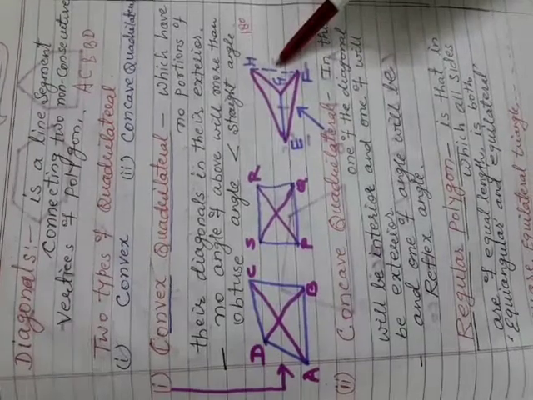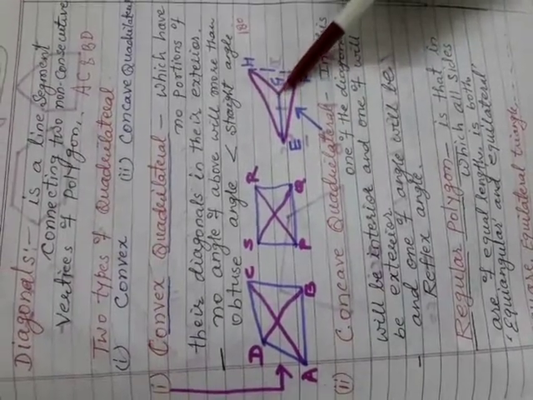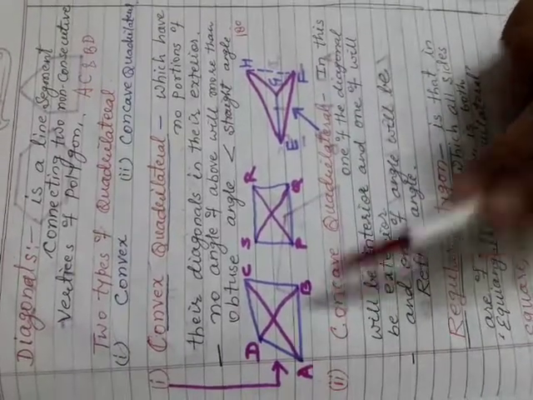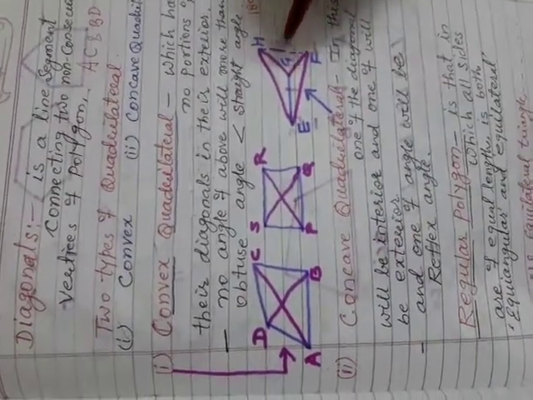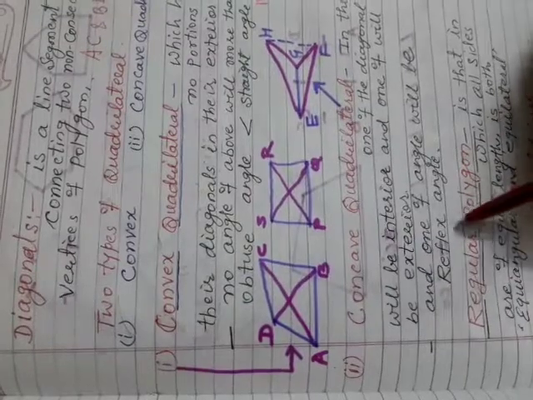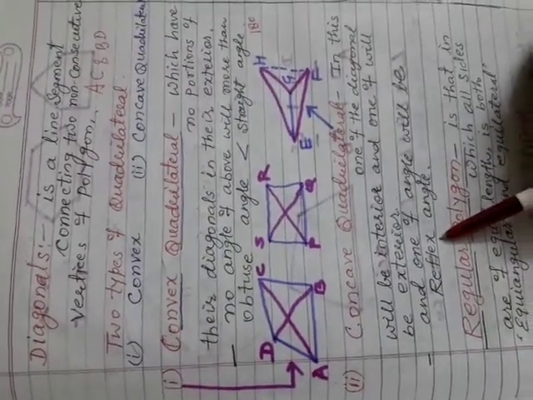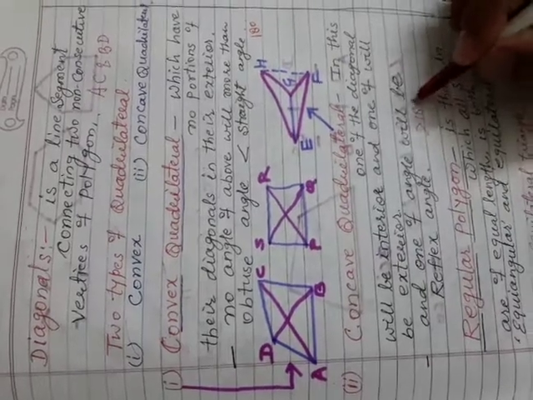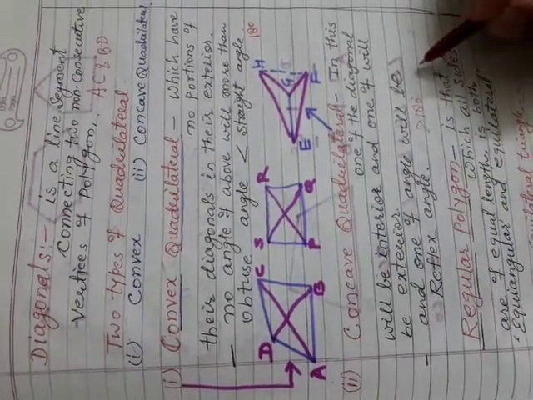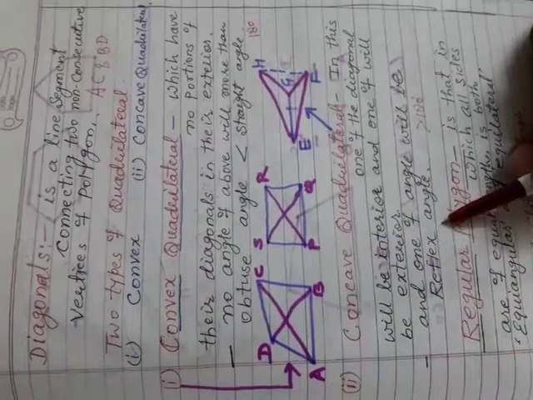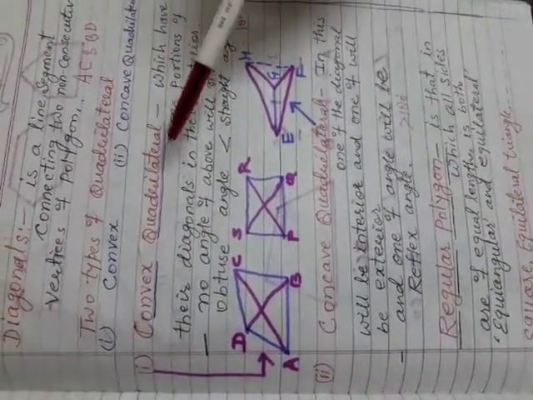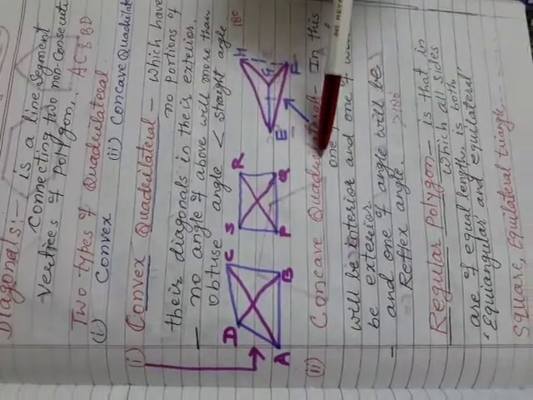Second, one of the angles will be a reflex angle. Here the value was an obtuse angle, and here only one of the angles will be a reflex angle. Reflex angle means greater than 180 degrees and less than 360 degrees. This is the major difference between the convex quadrilateral and the concave quadrilateral.